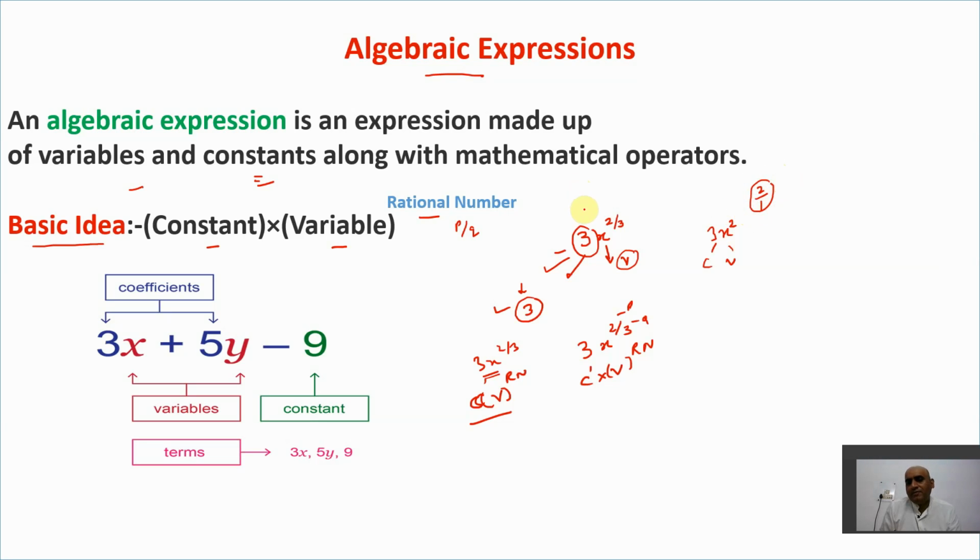This we have already studied in the previous classes, especially in class 9, when we went through the number system and the rational number part, right? So if you are not aware of it, please go through class 9, have a quick glance of all the basics which you have learned in the previous class. So 3x to the power 2 is also again an algebraic expression. This is the basic idea which I want to convey to you. Now, move towards the next point.